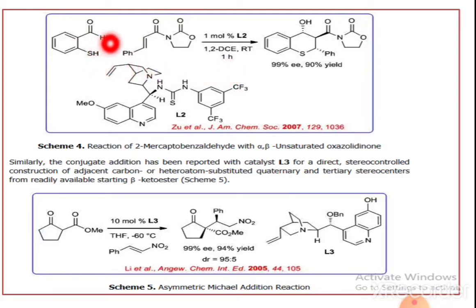Here this will attack here. Then next it will be delocalized. Here we get the product. That means this is scheme number 4. Here it is a simple reaction of 2-mercaptobenzaldehyde, this is the structure of 2-mercaptobenzaldehyde, with an alpha-beta unsaturated oxazolidinone.